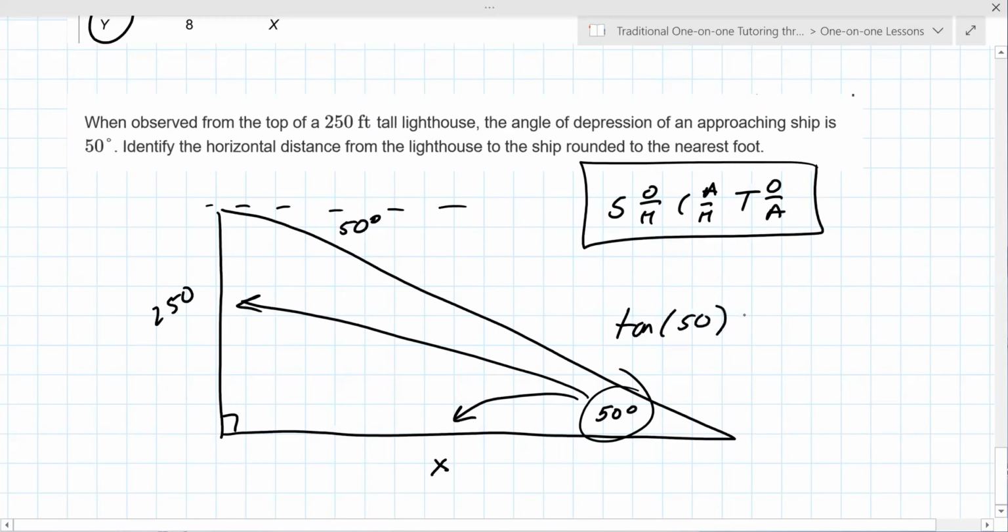Tangent of 50 equals 250 over x, so x equals 250 over tangent of 50.